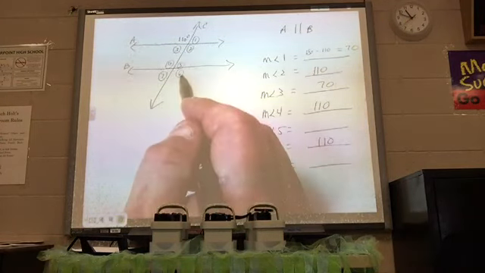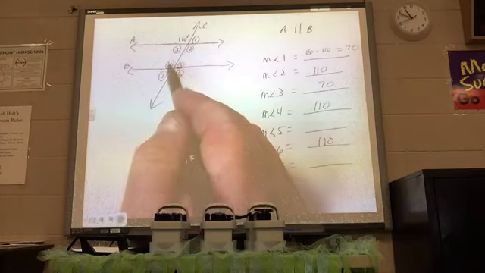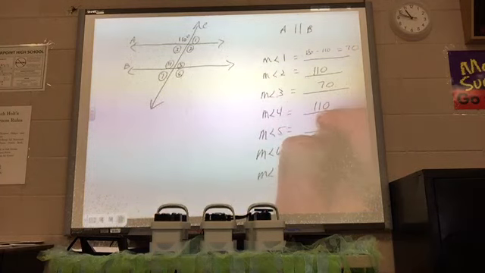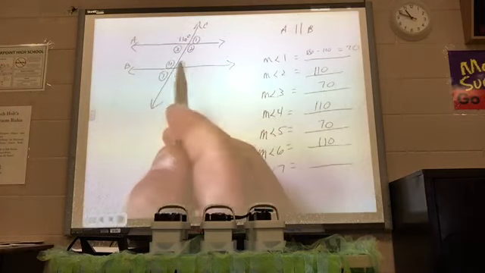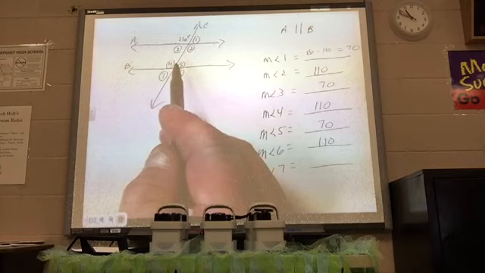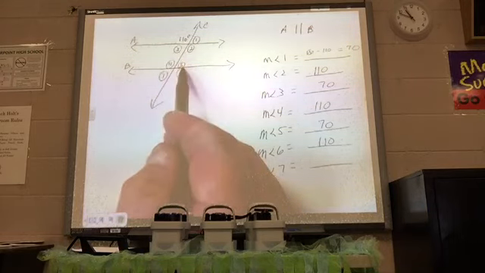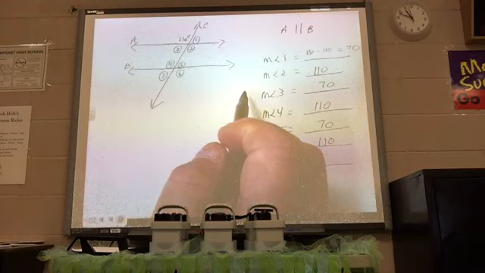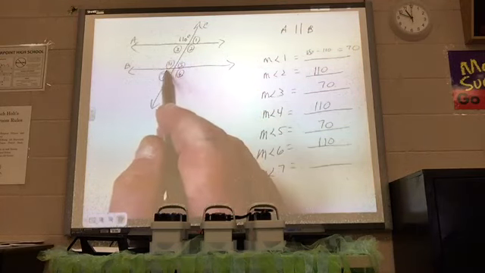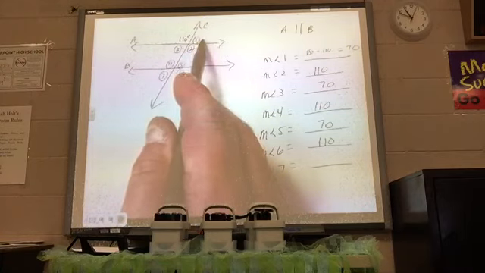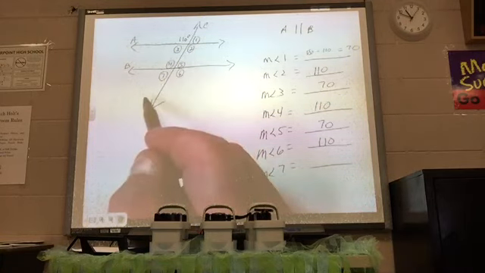What's 5 got to be? 70. It corresponds with 3 and it's vertical with 4. It's also an alternate interior angle to 3, and 3 was 70, and they're equivalent. And it's also corresponding to 1, and it's a 70.